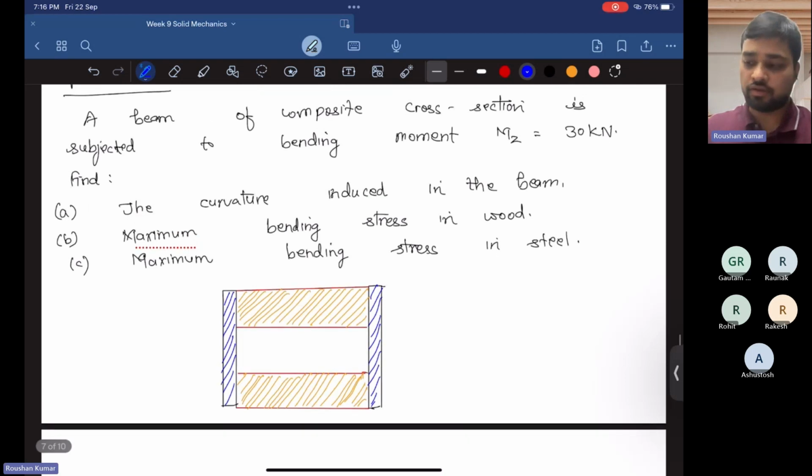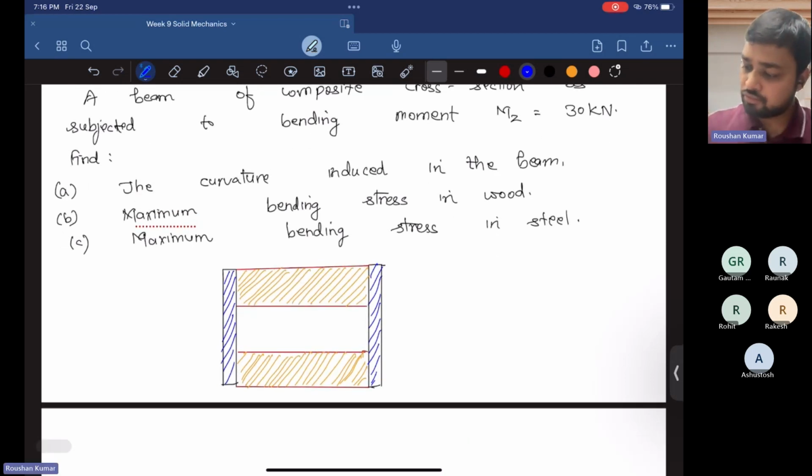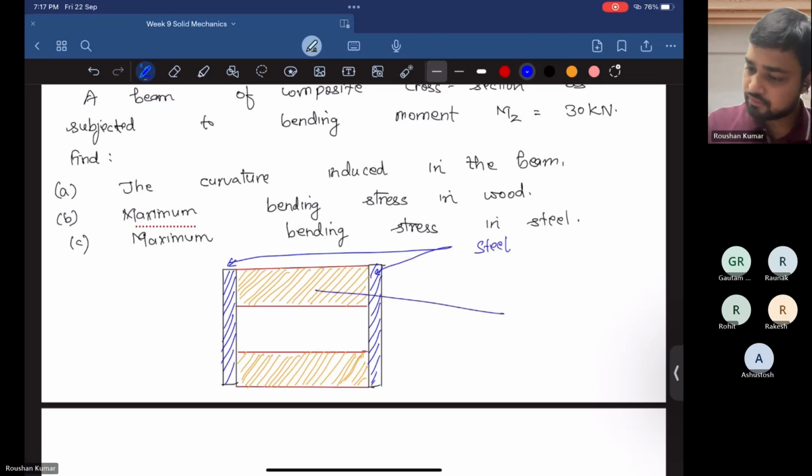This is a cross section of the composite beam. These two parts are steel and these two parts are the wood. The dimensions of this cross section are also given here.